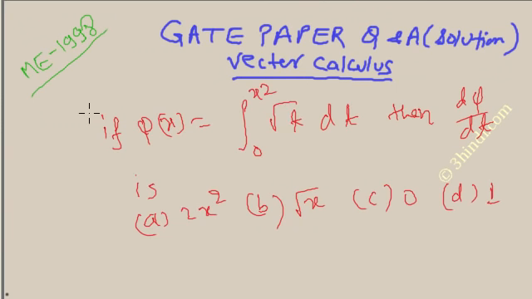So this is the question for the GATE exam 1998. If phi of x is equal to integration of root t from 0 to x square, then d phi by dx is, and you have to solve this.